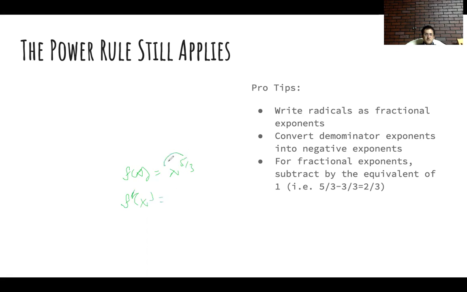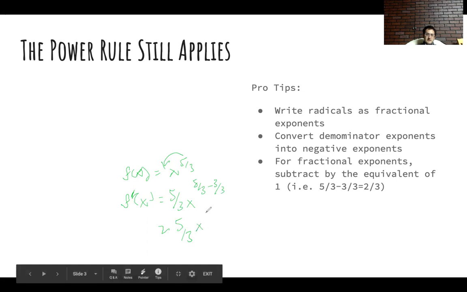You would move the 5/3 out in front, and you would do 5/3 minus 3/3, which is effectively just subtracting 1. That would be equal to 5/3 times x to the 2/3.